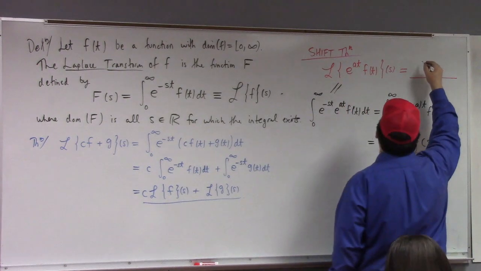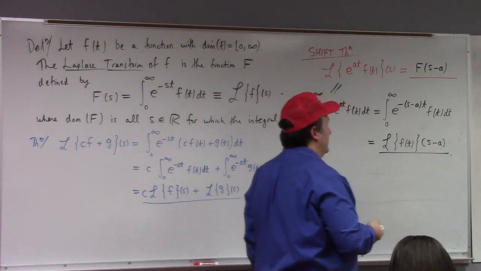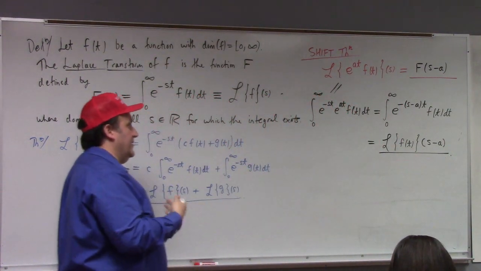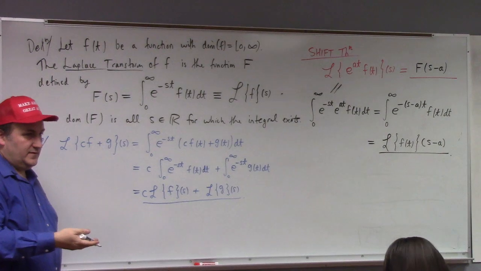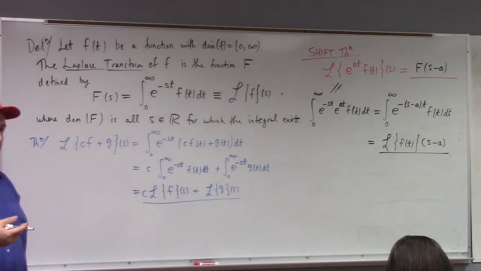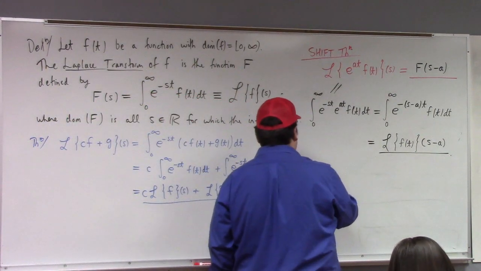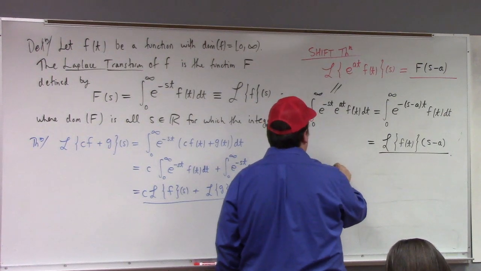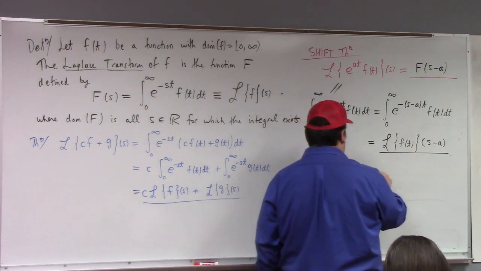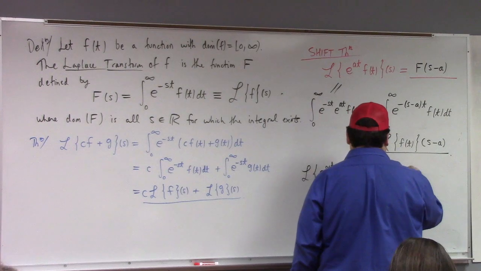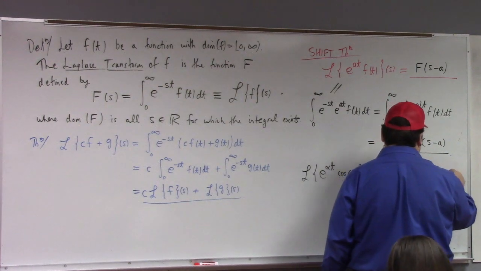Or if you like, you could write this as f of s minus a, if you want me to mix nomenclature. In other words, to calculate the Laplace transform of an exponential times a function that you already know the Laplace transform of, you simply take the known Laplace transform and evaluate at s minus a. Check it out, right? The Laplace transform of e to the alpha t times cos beta t, at s, is equal to the Laplace transform of cos beta t evaluated at s minus alpha.